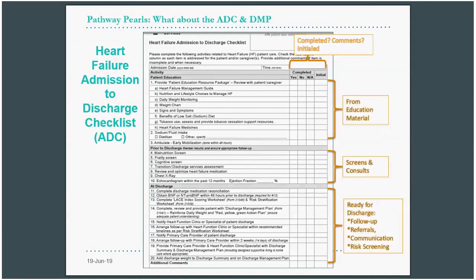Now, a word of caution that we heard last week: because it says obtain BNP within 48 hours on this checklist, the caution is that you still need a physician order. Some teams cannot quite get their physicians to order the whole bundle as one bundle, which means all 5 components on admission.